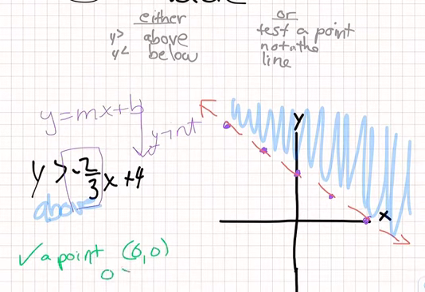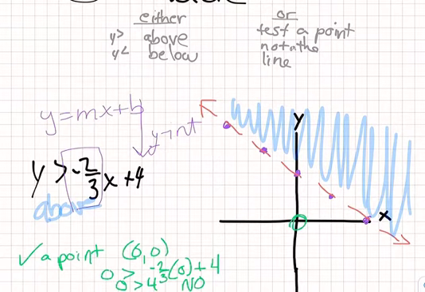Is it true that 0 is greater than negative 2/3 times 0 plus 4? As we simplify that, we're asking, is it true that 0 is greater than 4? Is that true? No. So should I shade where this point's at? No. You should shade on the other half plane.